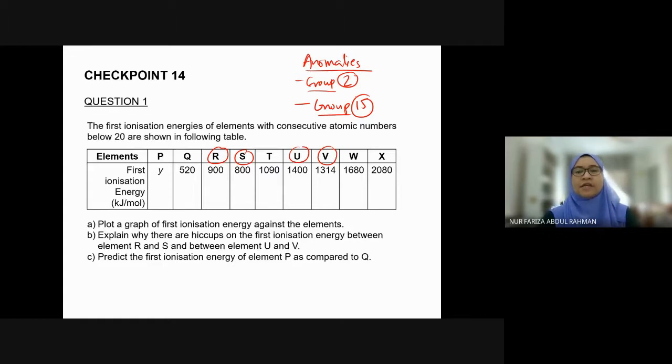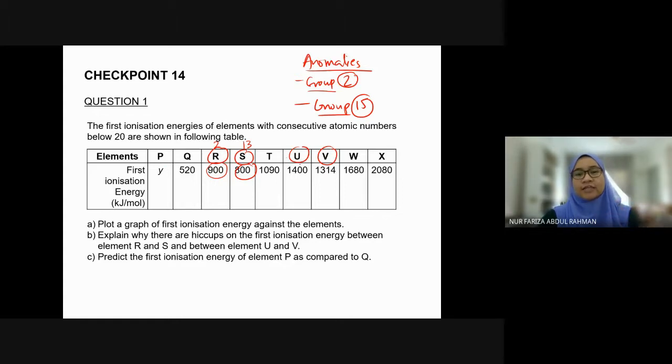Instead of having lower energy, group 2 has higher energy than group 13. So we could predict that this is group 2 and this is group 13, because later we need to solve P.